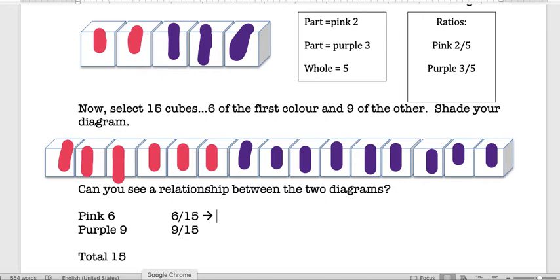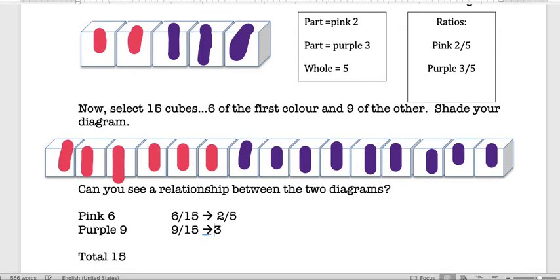So if I divide out a 3 from the numerator, I'd be left with 2. And if I divide out a 3 from the denominator, I'd be left with 5. Similarly, if I reduce this one to lowest terms and divide out a 3 from the numerator, I'd be left with 3.